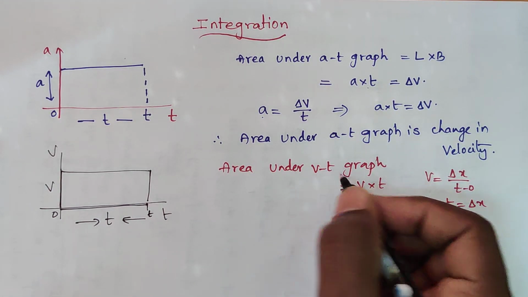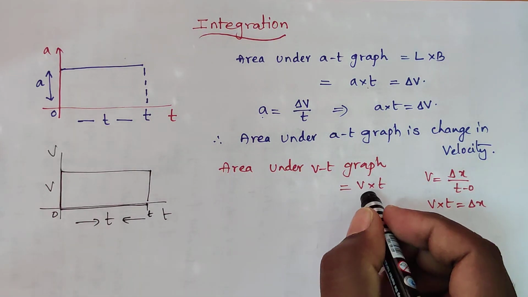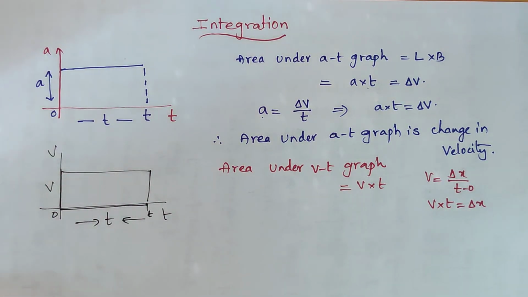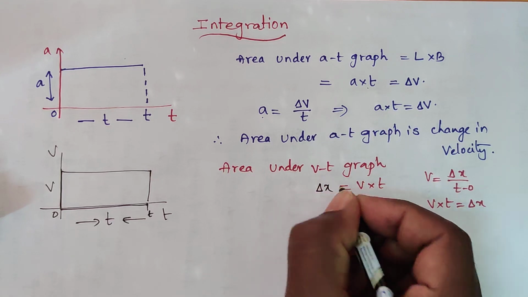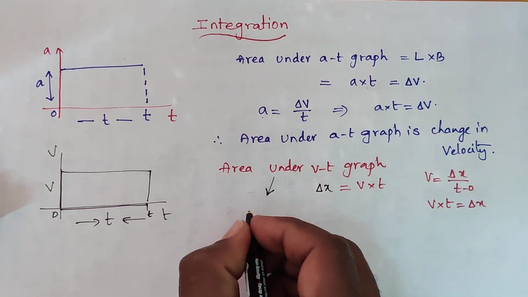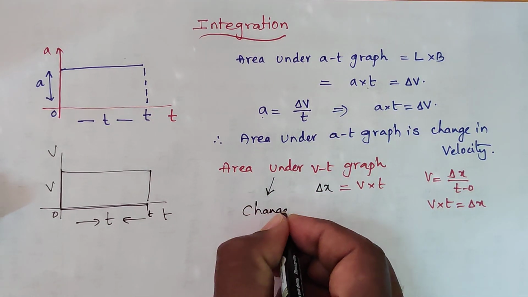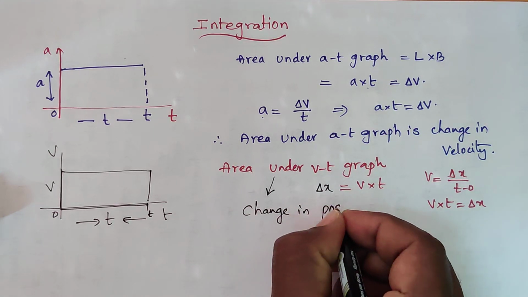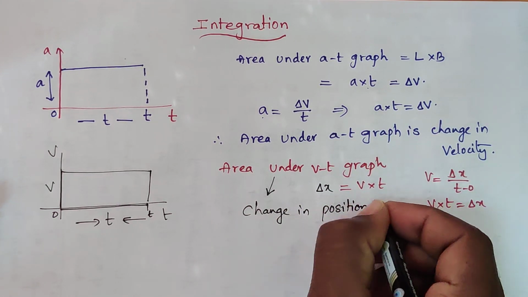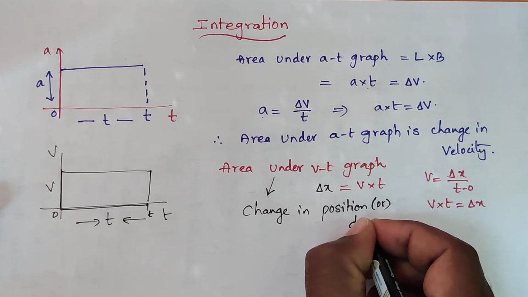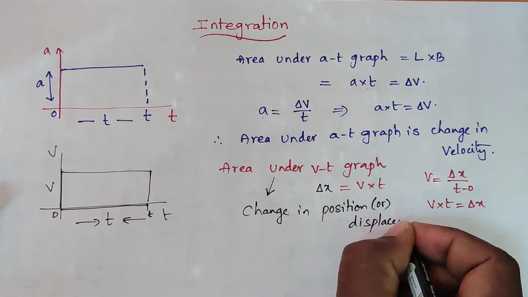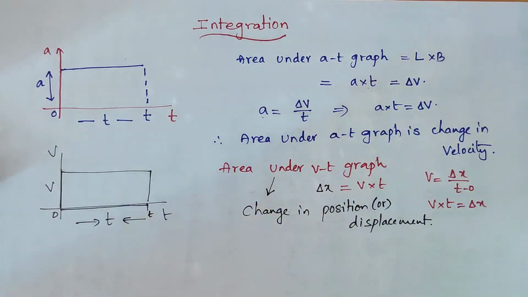So area under VT graph is v into t, which is simply delta x. So area under VT graph gives us change in position. Change in position is also called the displacement.